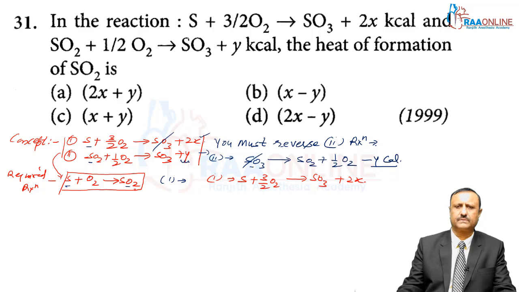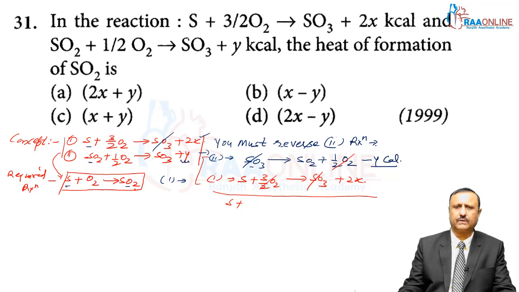Now, we can see here and obtain this reaction. SO3 and SO3 cancel, and here, my dear students, you get sulfur plus this half O2 and 3/2 O2.